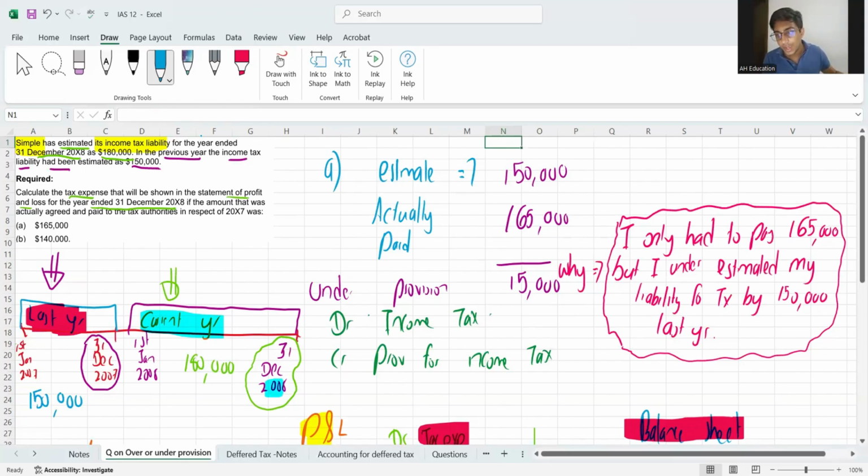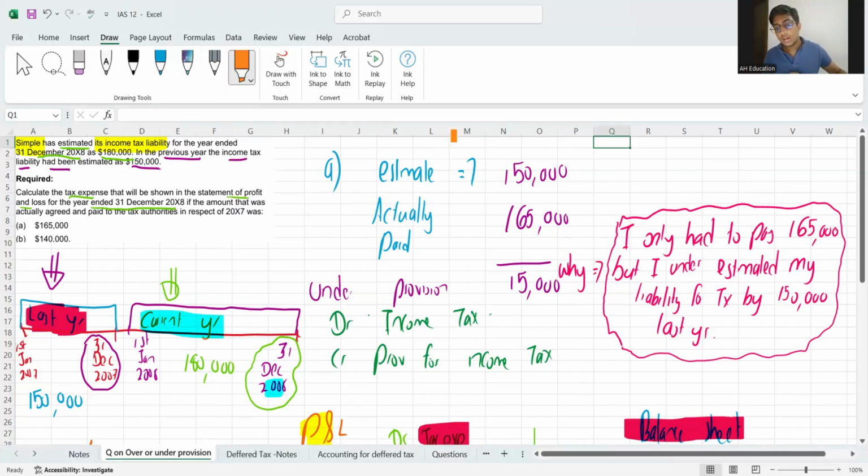The actual payment for your year ended on 31st December 2007 will only be paid in your next year, which is 31st March 2008. So this is what we learned so far. Now, let me teach you whether it's an under provision or over provision: one, through numbers; number two, through logical explanation.